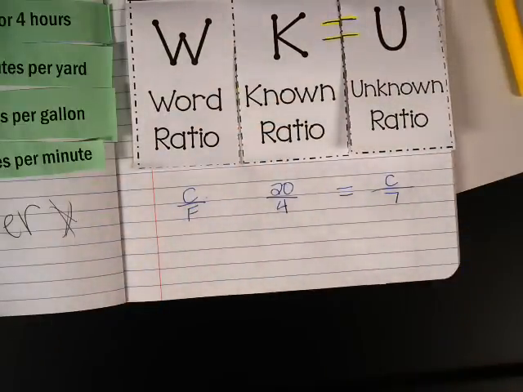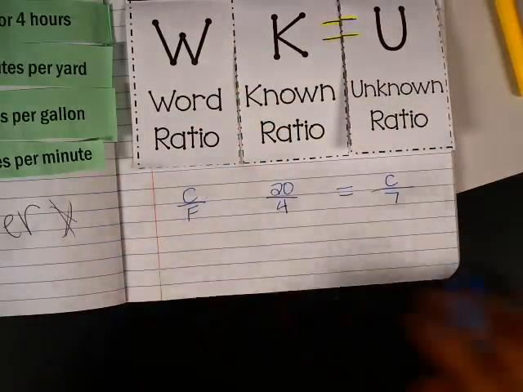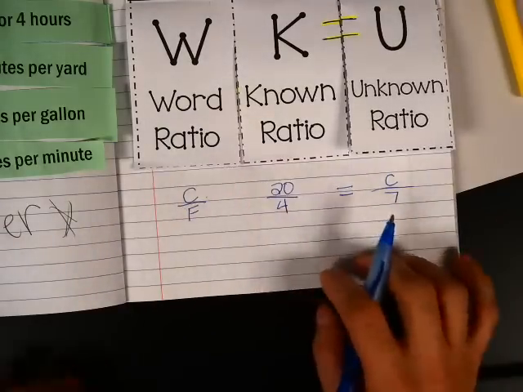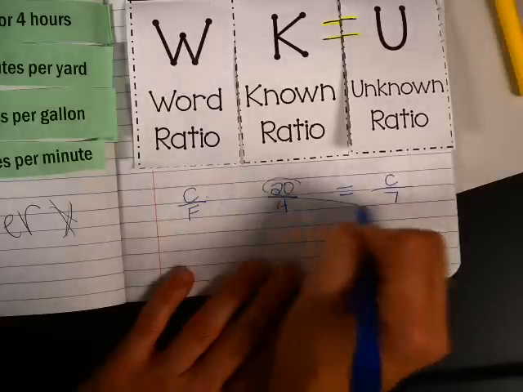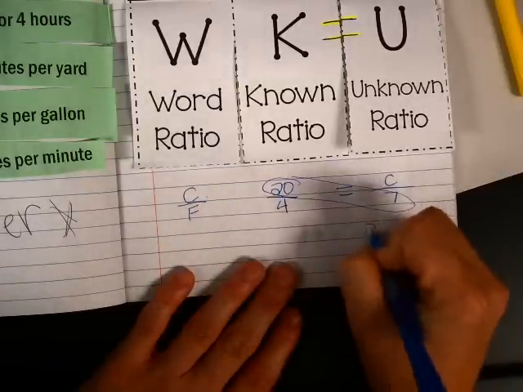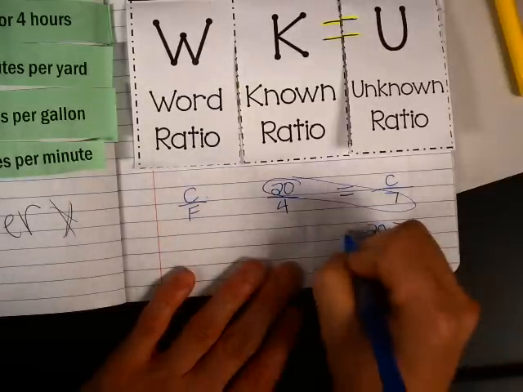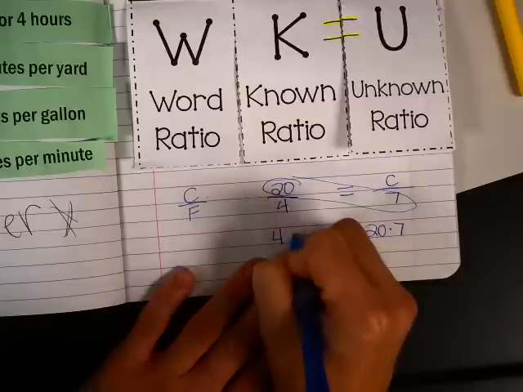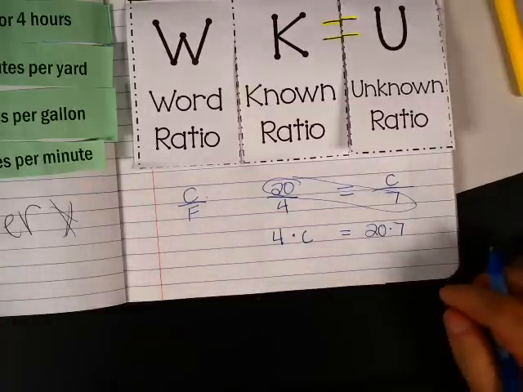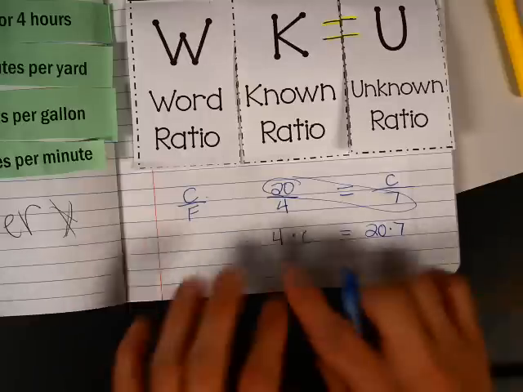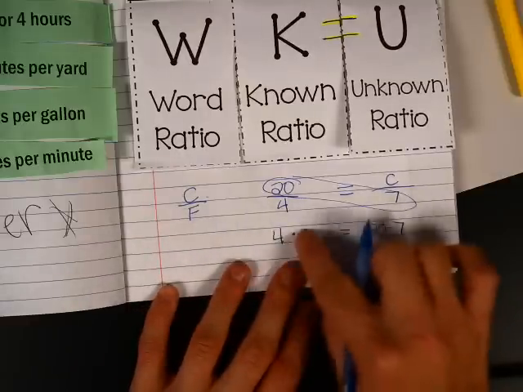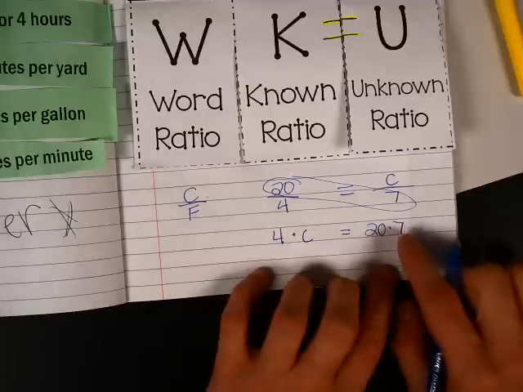I apologize, guys. So we talked about the cross product idea. We're going to do the same thing. We're going to multiply 20 times 7 and 4 times C. Oh, weird. But we don't know what C is yet, so I have to just kind of leave it. 20 times 7.